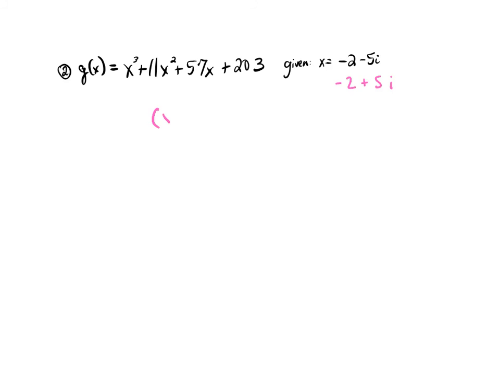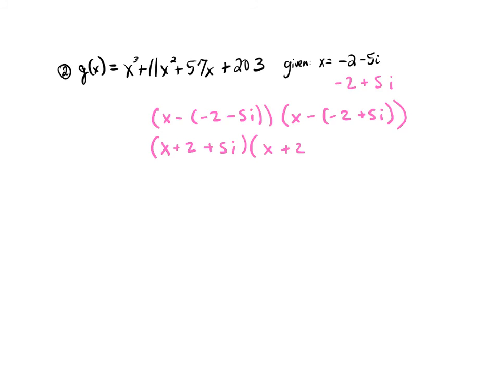So this would be x minus negative 2 minus 5i times x minus negative 2 plus 5i. I'm going to distribute the negative. So x plus 2 plus 5i. And distribute the negative again. So x plus 2 minus 5i. So we have conjugates here.